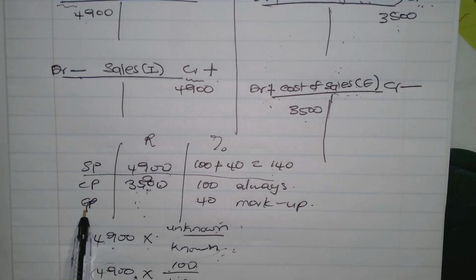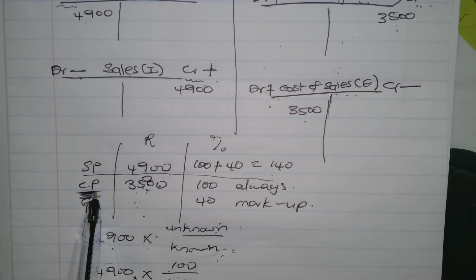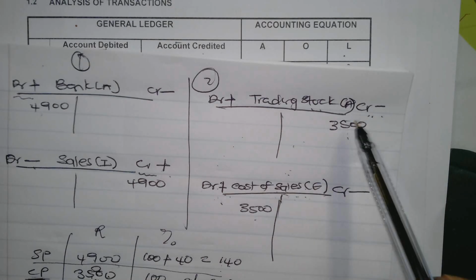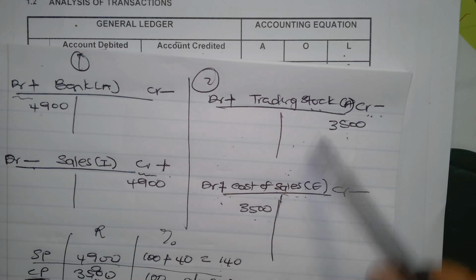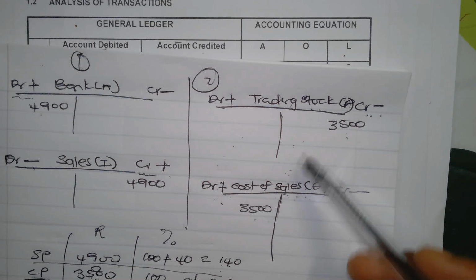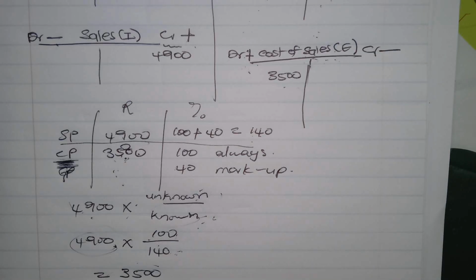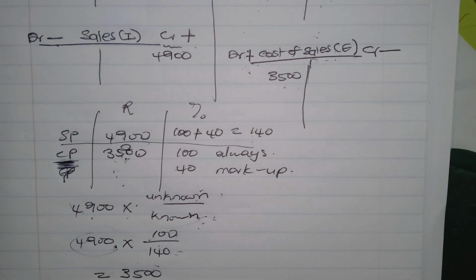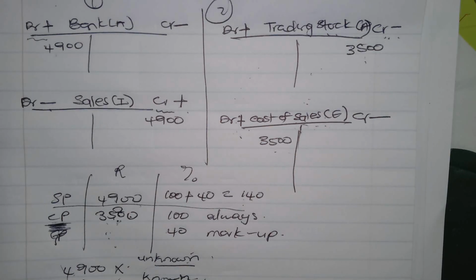And obviously, this cost price is the same as cost of sales. You understand? So when you're looking at trading stock, these two are most likely to always be on par, always work hand in hand with each other, in order to have a proper recording of the stock going out of your business.